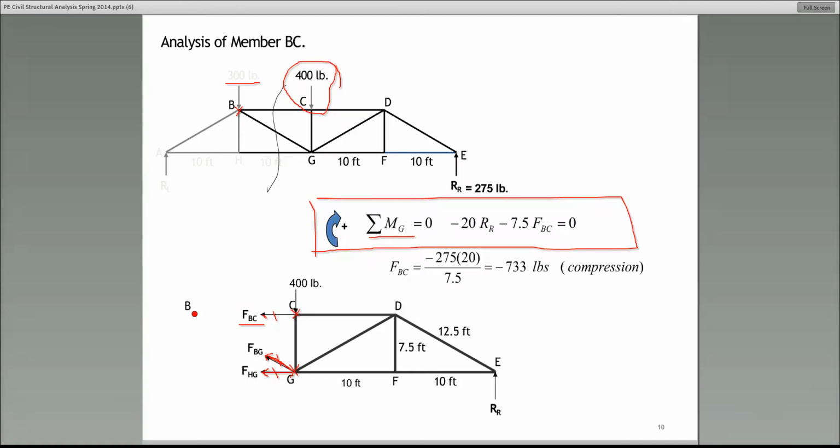Now, you also see RR. That's a reaction at the right support, and that I didn't show you, but you should be able to solve that independent of this. All right. So RR, even though I show it as an unknown, is a reaction at the support E that you should be able to find by equilibrium. So the reaction at E is 275. Substitute that in there, and then we get this.